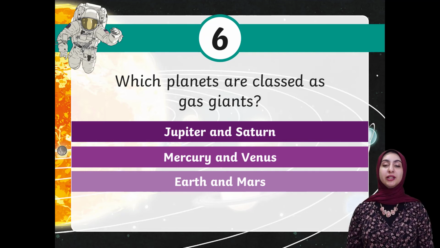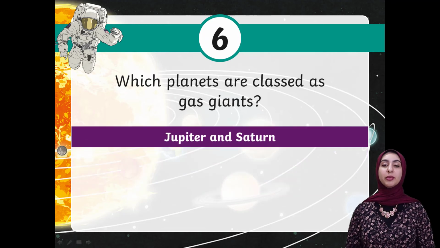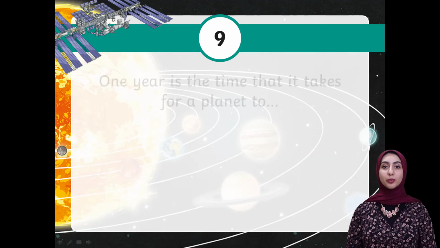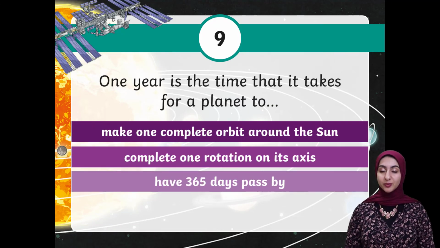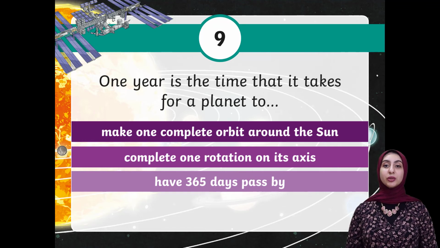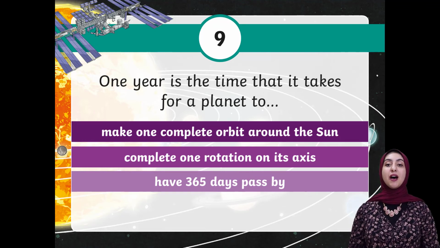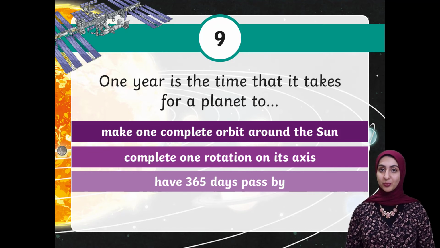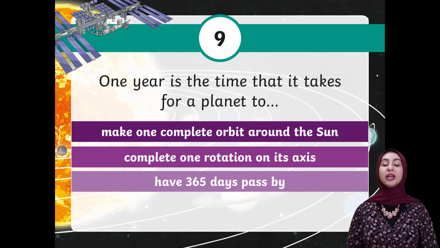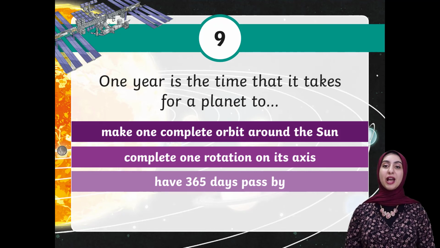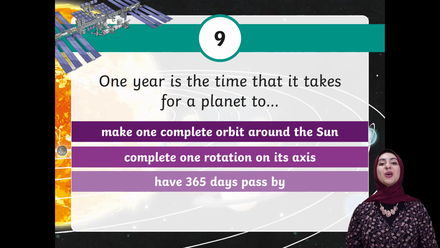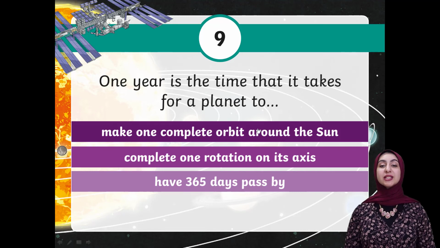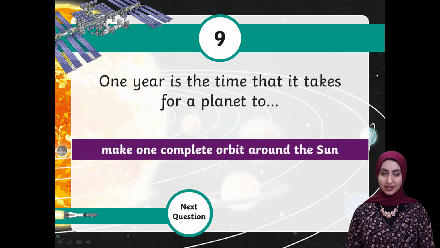Okay, 1 year is the time that it takes for a planet to make one complete orbit around the Sun, complete one rotation on its axis, or have 365 days pass by. Yes, of course, to make one complete orbit around the Sun. Okay, what causes day and night on a planet?